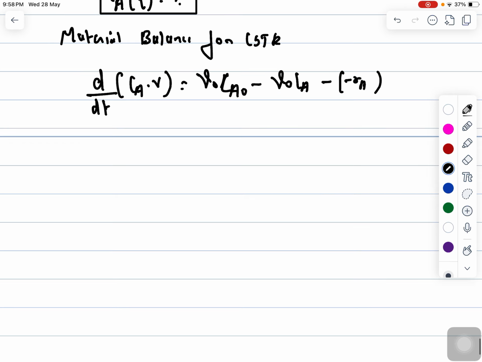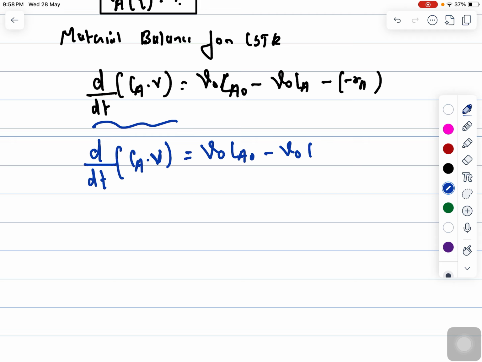Is that clear? That is equal to the rate of accumulation, right? So again I can write d by dt of Ca into V, that is equal to v naught Ca naught minus v naught Ca minus k Ca.